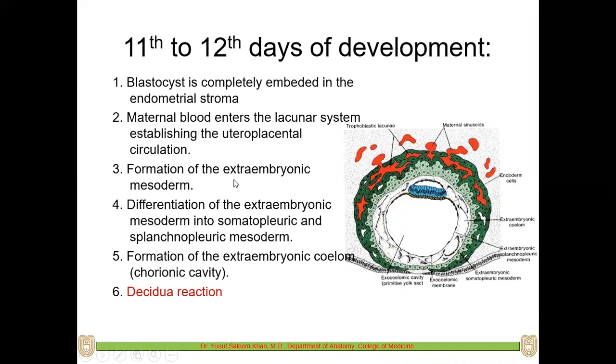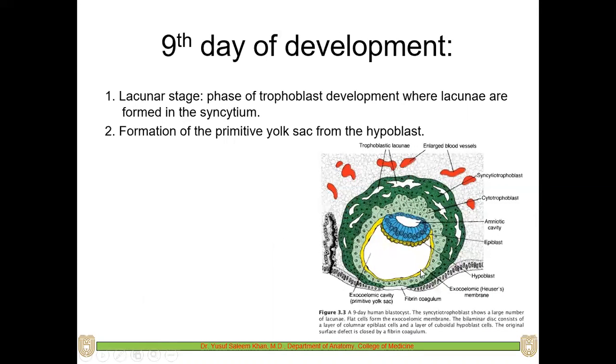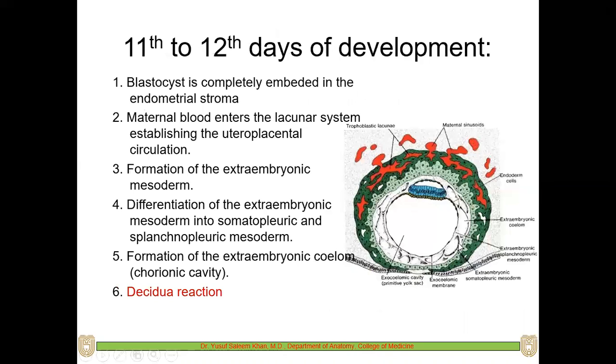Formation of the extra embryonic mesoderm. Then there was formation of an extra embryonic mesoderm between this membrane here, which is called Heuser's membrane, or the extra embryonic membrane, and the cytotrophoblast. There was formation in between of a membrane called the extra embryonic mesoderm. As soon as it is formed, it started differentiating into the splanchnic layer and the somatic layer.